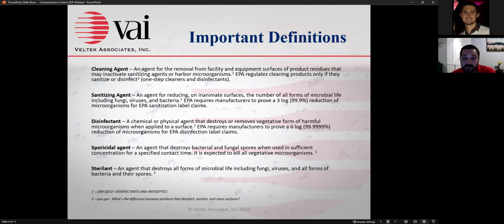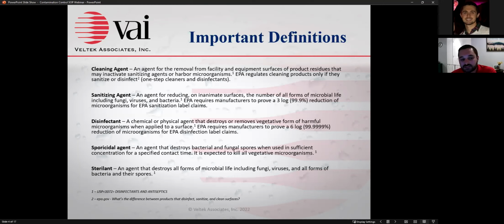So that is a 99.9999% reduction of CFUs to get that label claim. And that's the standardized test that's equal across all playing grounds, for all the manufacturers in the marketplace, regardless of the market that they sell into.